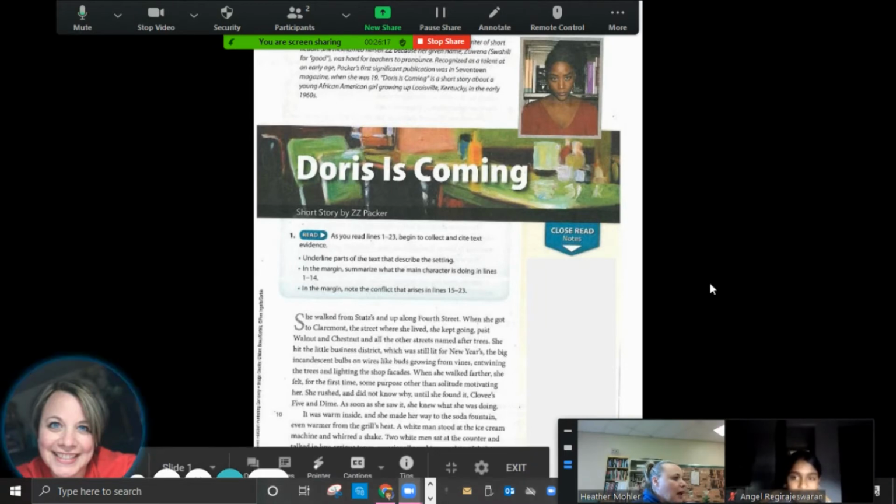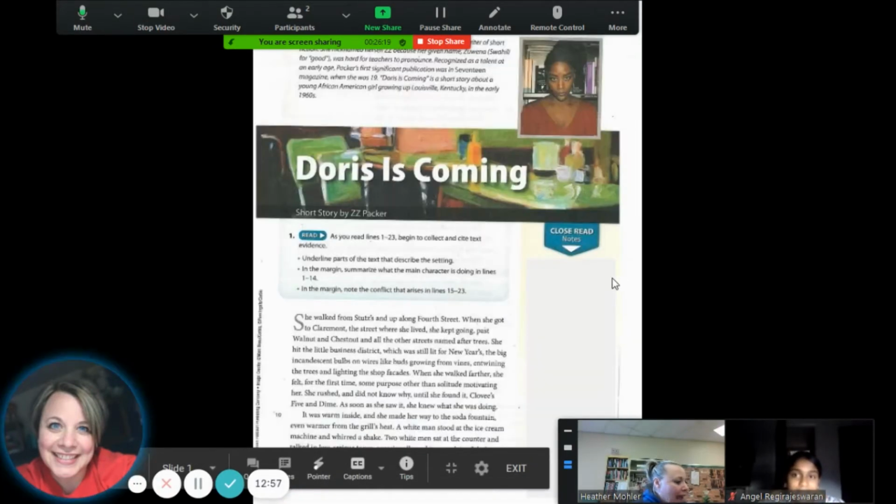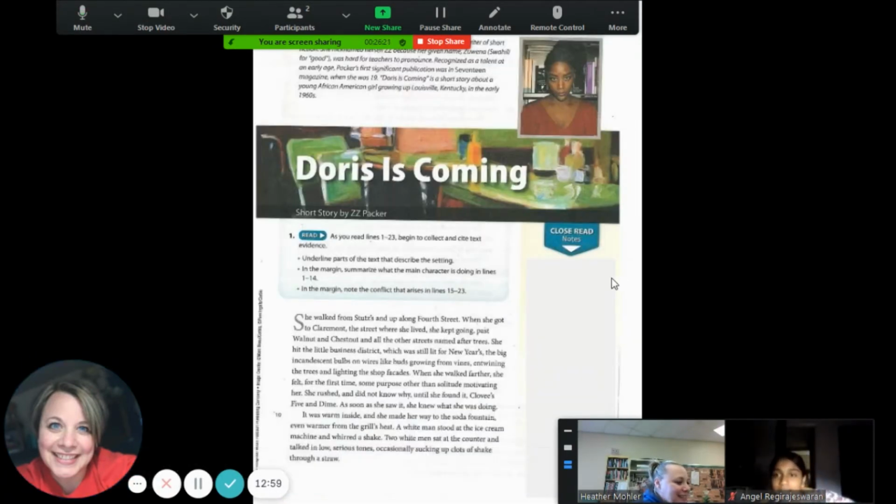So, she walked from Stutz's and up along 4th Street. When she got to Claremont, the street where she lived, she kept going past Walnut and Chestnut and all the other streets named after trees. She hit the little business district, which was still lit for New Year's Eve, and the big incandescent bulbs on wires like buds growing from vines, entwining the trees and lighting the shop facades.